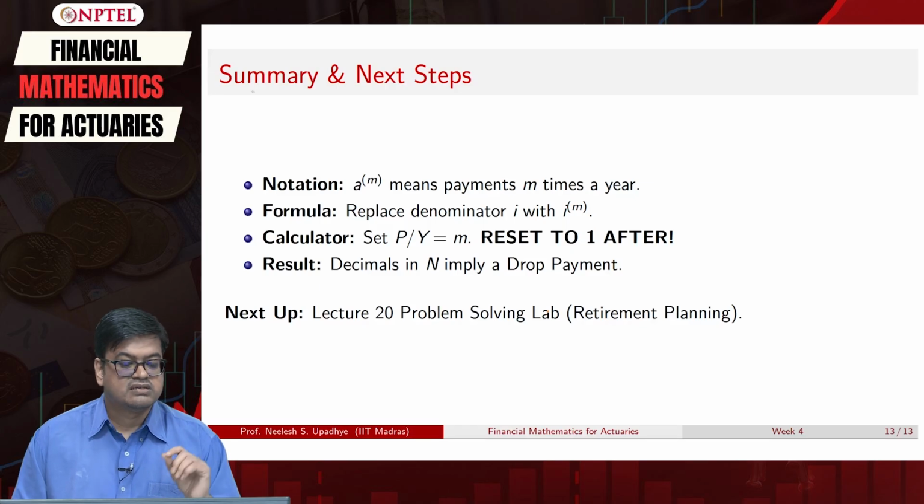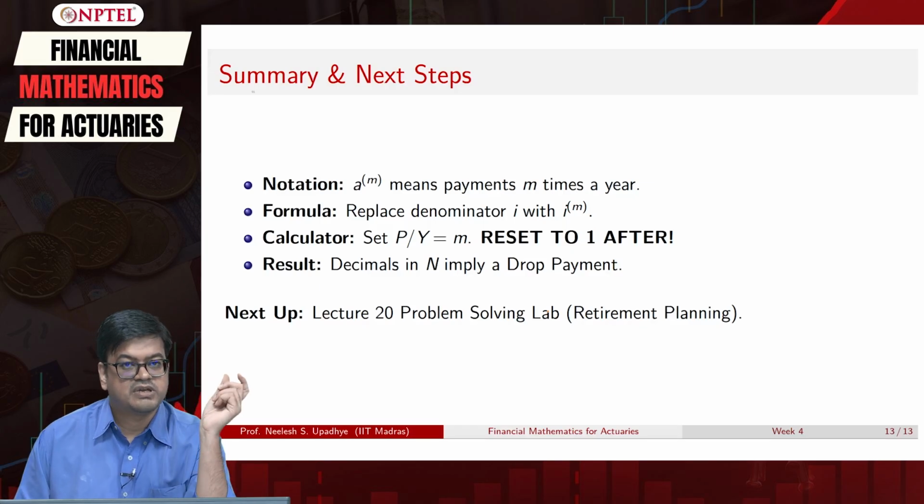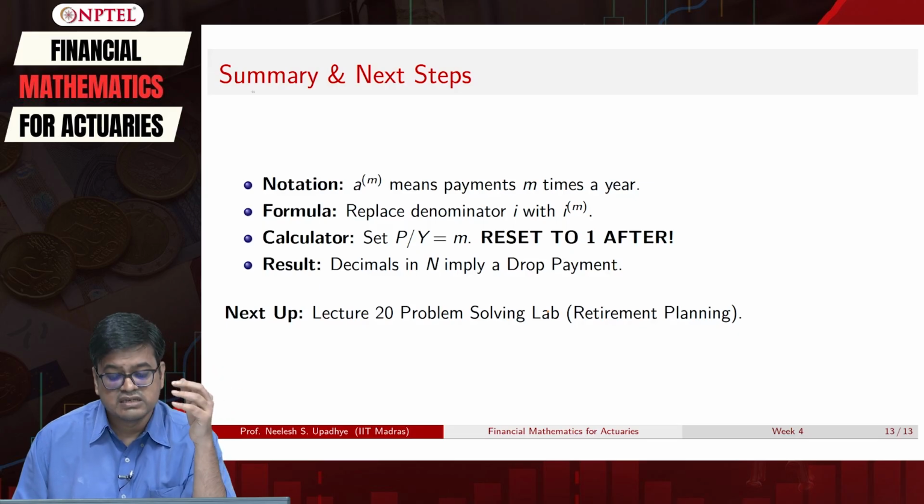Then the result had decimal places in one of the examples, 0.68, which implies the drop payment, and we will make the drop payment on the 58th month in that case with interest. That is what we did in today's lecture.